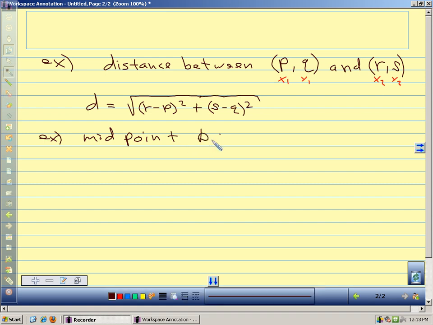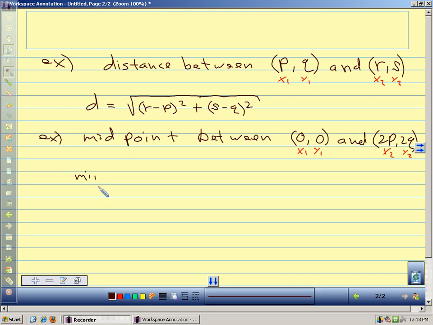Between the point 0, 0. So this time we do have a couple of numbers to work with. And 2p, 2q. So we'll do the same thing. I'm going to label this x1, y1, x2, y2, and plug these into the midpoint formula.